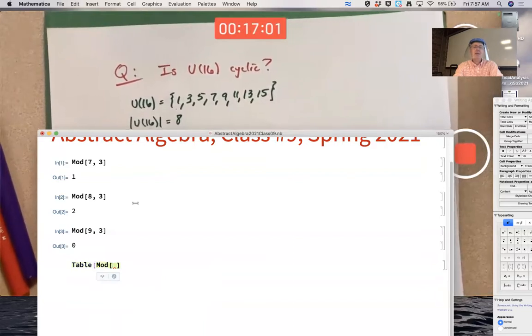You could take your particular element, like say the element 3 here, and raise it to powers of i, mod it by 16, and let i range from, conceivably it could have been cyclic, so I'd probably at least go from 1 to 8.